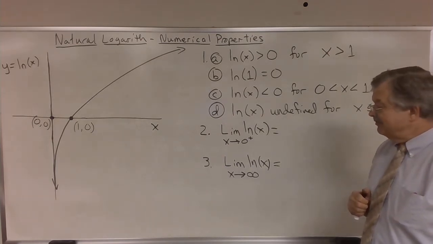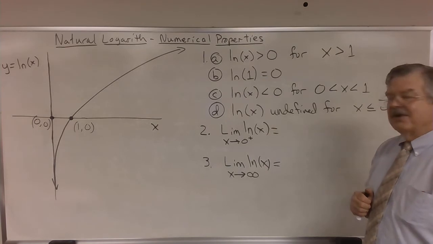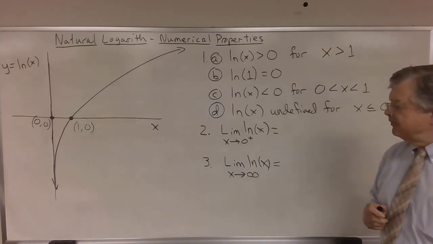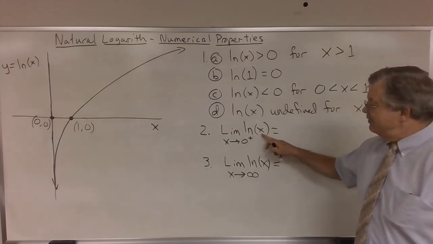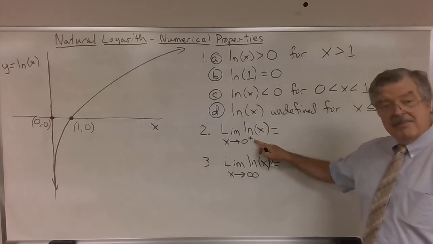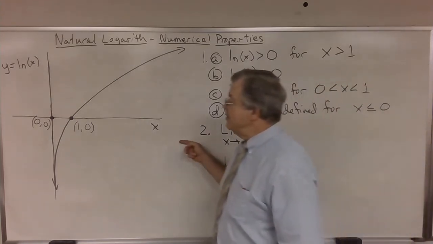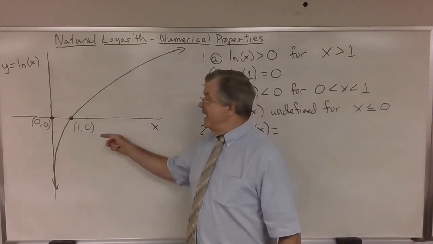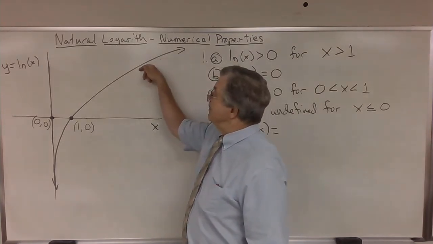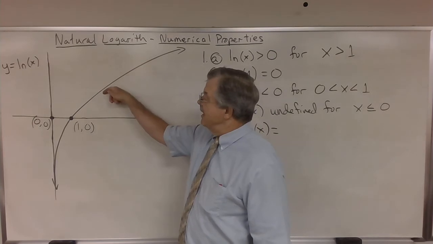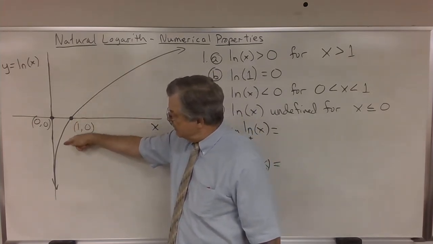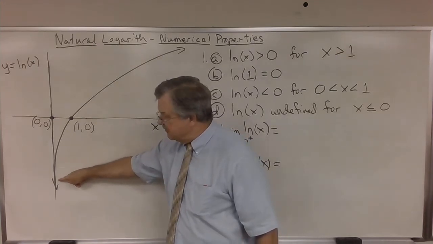Now, the question that I wanted an answer to decades ago: the limit of the natural logarithm of x as x approaches 0 from the right. If we move in this direction, x is approaching 0 from the right. And if I move along the graph in this direction, I'm moving along the graph in such a way that x is approaching 0 from the right.